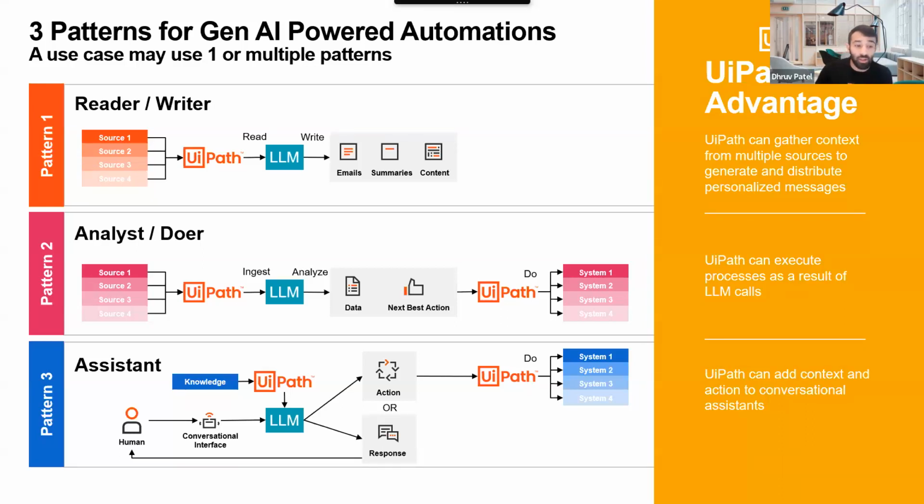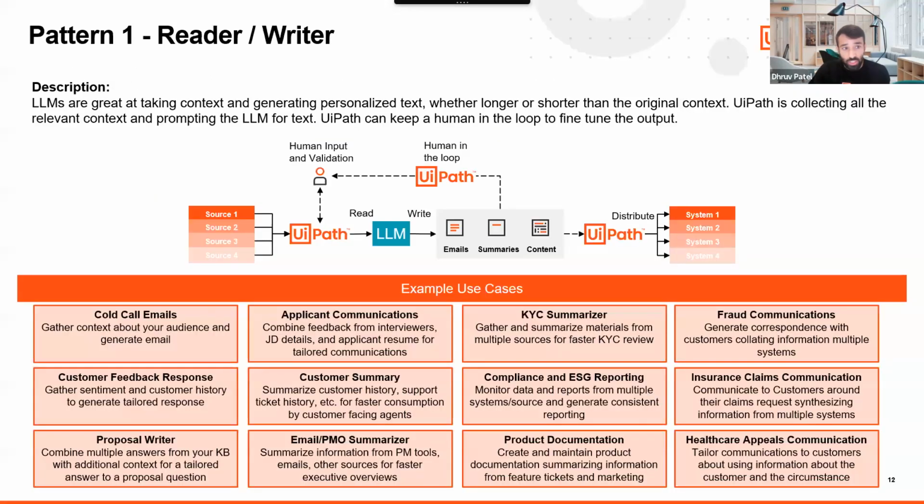And then finally, pattern 3, an assistant, right? This is going to be closer to that ChatGPT-type interface, or Bard, where you're chatting with it and having the LLM give you some information, give you some knowledge, and give you a response. And we can even take that to the next level and actually have an action done on behalf of that, right?